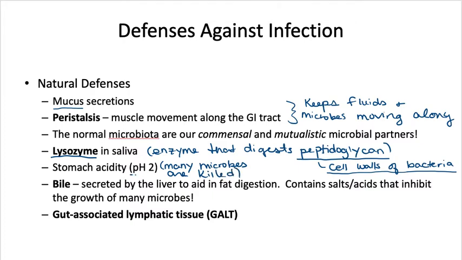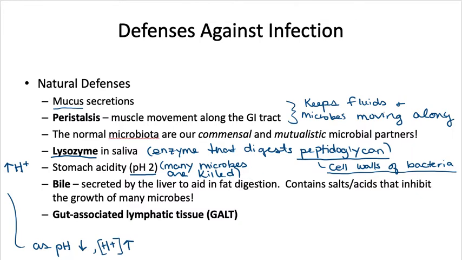The stomach has a pH of 2, so that's very acidic, and highly acidic environments have a high proton concentration. So remember that as pH goes down or acidity increases, the proton concentration of a solution increases. So pH and hydrogen ion concentration are inversely proportional.